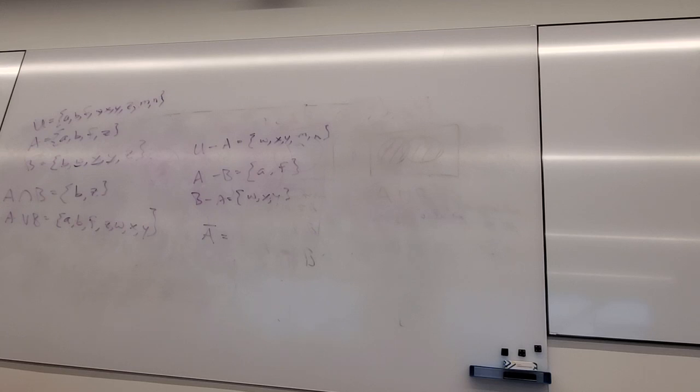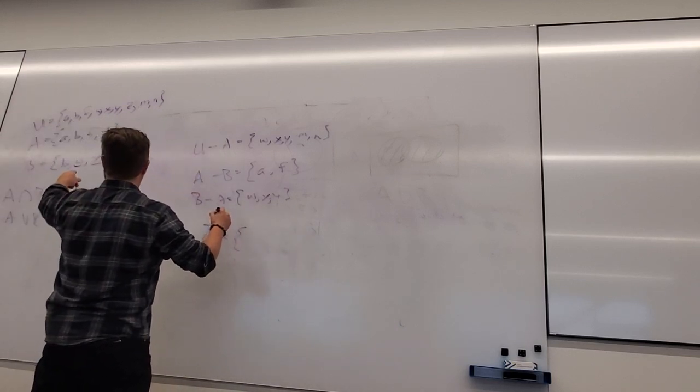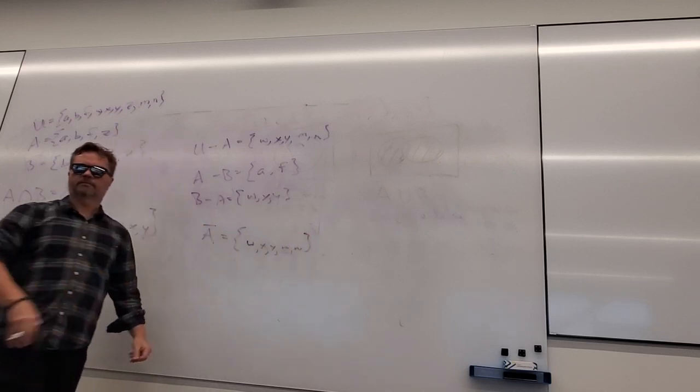If I say one angle is 20, the complementary angle is what's needed to make it a right angle, so it'd be 70. So in this case, the complement of A is everything A is missing that would make it the universe. So what is A missing that would make it the universe? W, X, Y, M, N. Yeah, W, X, Y, M, N, exactly.